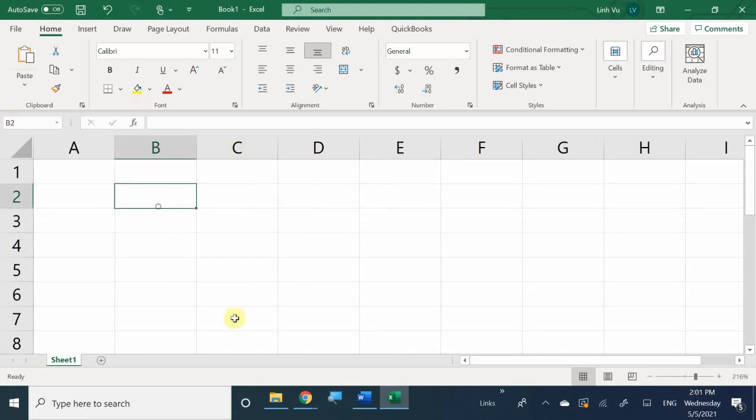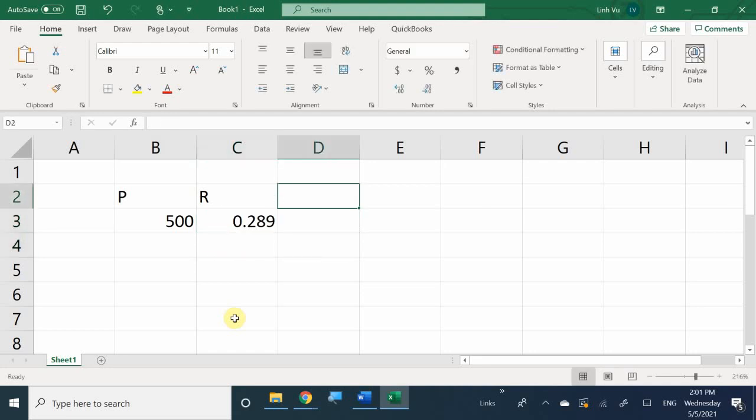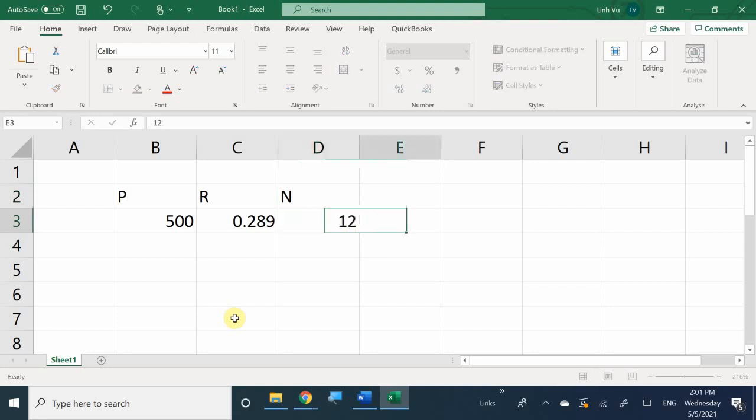So we have our principal of $500. We have our rate as 28.9%. We have our number of times compounded, which is 12, right? It's every month. And then we have the time to be set as 2 years.